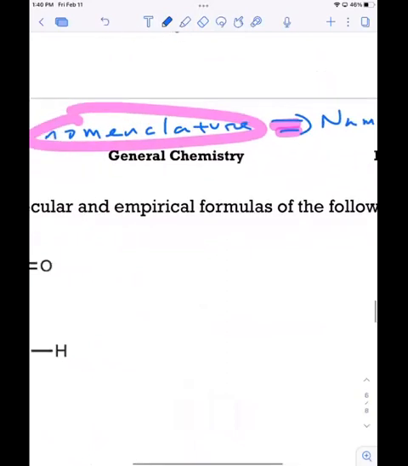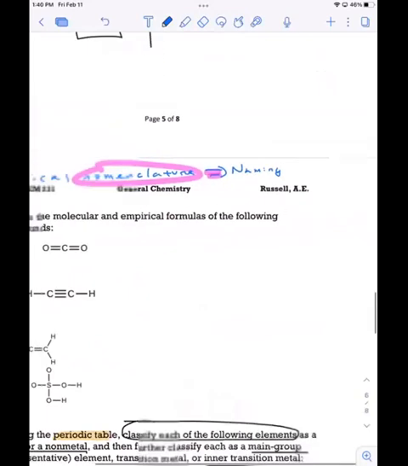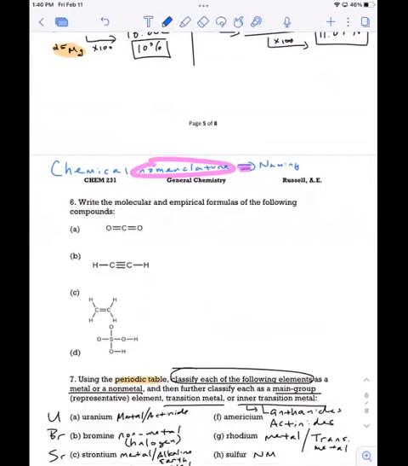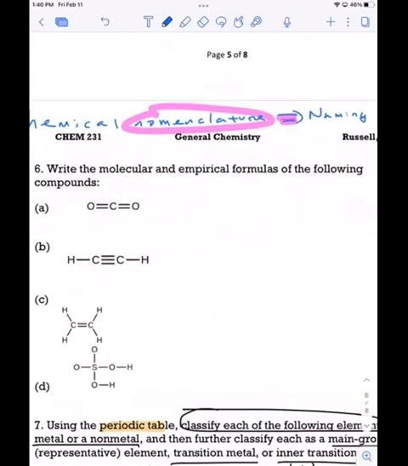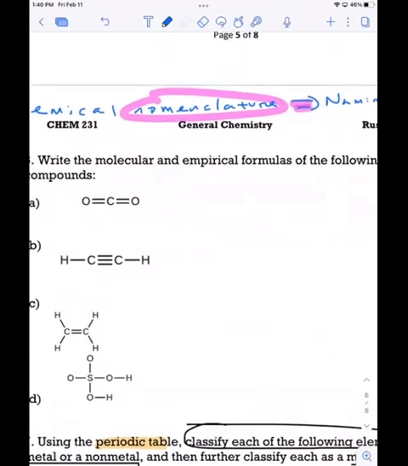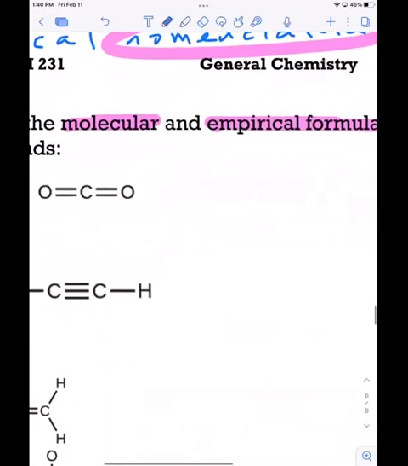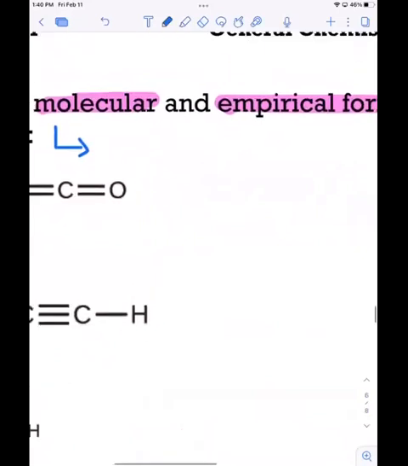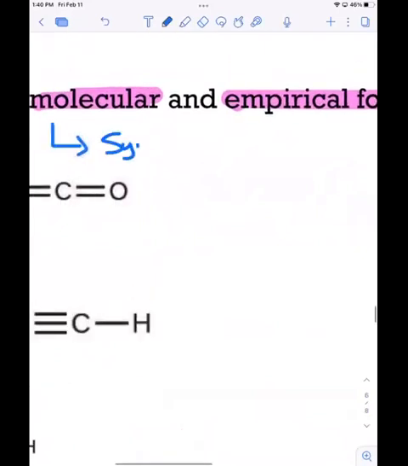And there are some other concepts that fall under nomenclature. Two of those concepts are illustrated in this problem right here, where it's asking us to write the molecular formula and the empirical formula. So the molecular formula is all the symbols and subscripts, right?